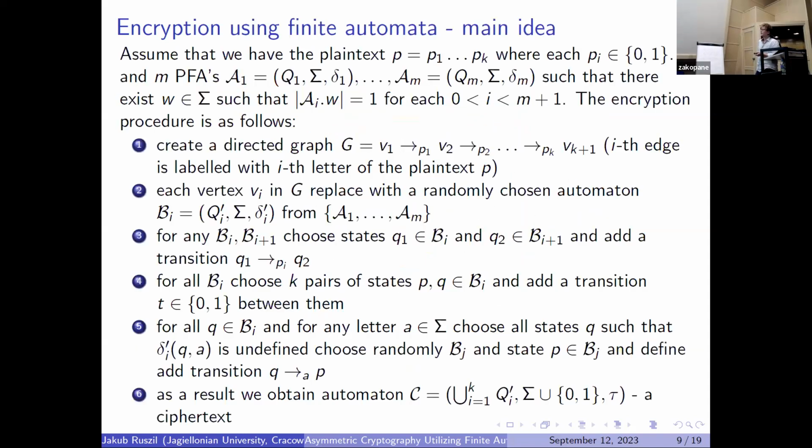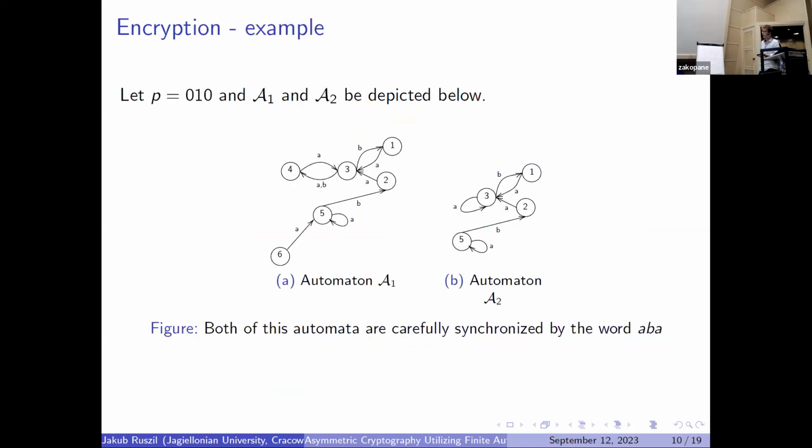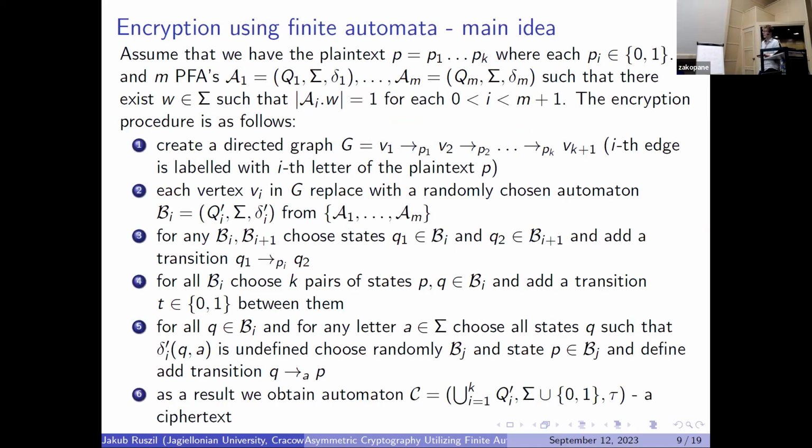The fourth step, sorry, is: for all the automata that are in the ciphertext, choose k pairs of states p and q, and add a randomly chosen transition between them.